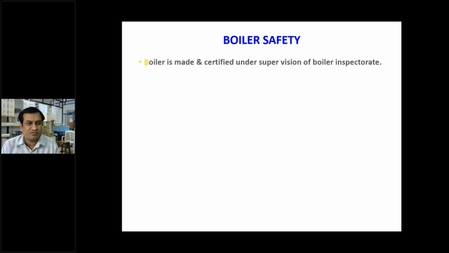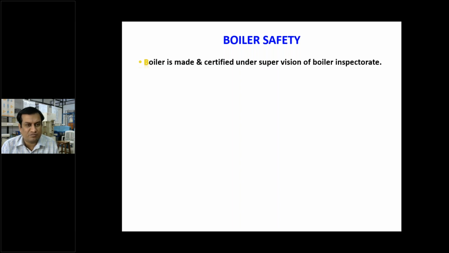What is boiler safety? So a boiler is made and certified under the supervision of the boiler inspectorate. So there are boiler inspectors and chief inspectors in the respective states and at the central level also. So that expert person only has to certify this boiler for operation purposes.